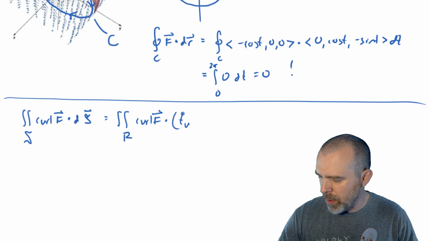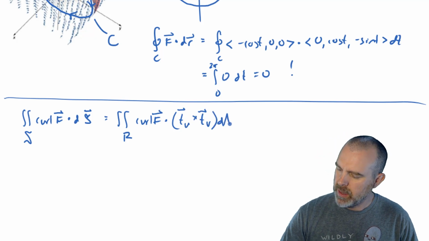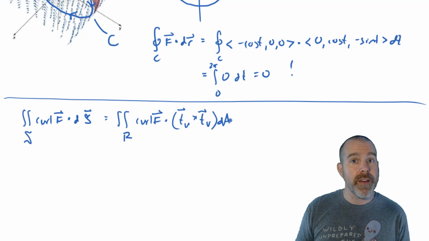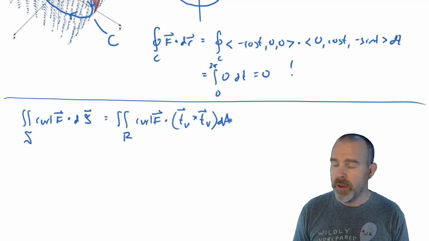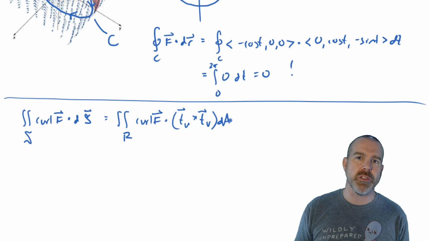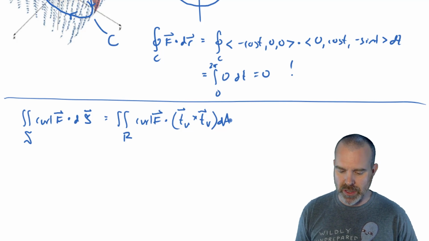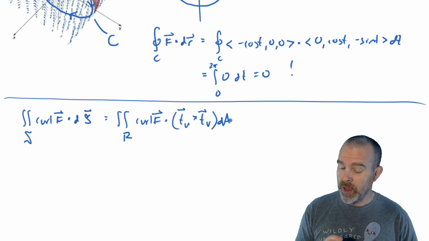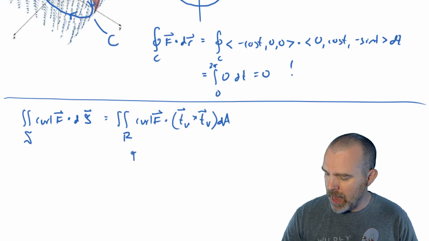This is where we parameterize our surface. And we need to get the curl of F. We'll need to get that in terms of our parameters eventually. But we need to parameterize our surface and find these two unit vectors. This is a hemisphere. So again, we can refer to example 5 from section 17.6.